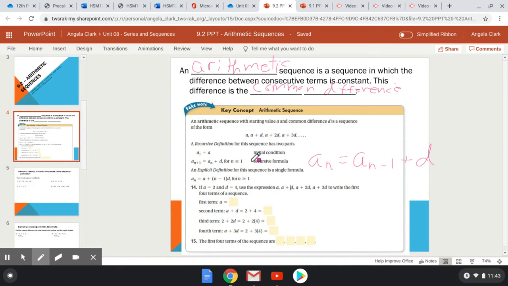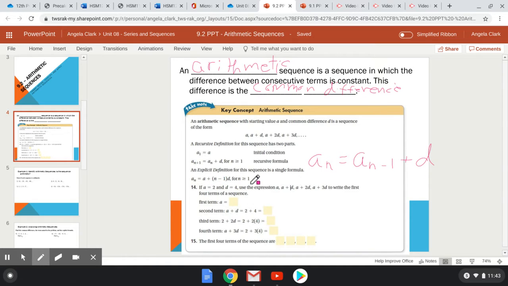So we're always starting with the first term, and then the second term, and then the third term, which should hopefully be obvious, but we state it anyway. All right. So that's the recursive formula. The term equals the previous term plus d.